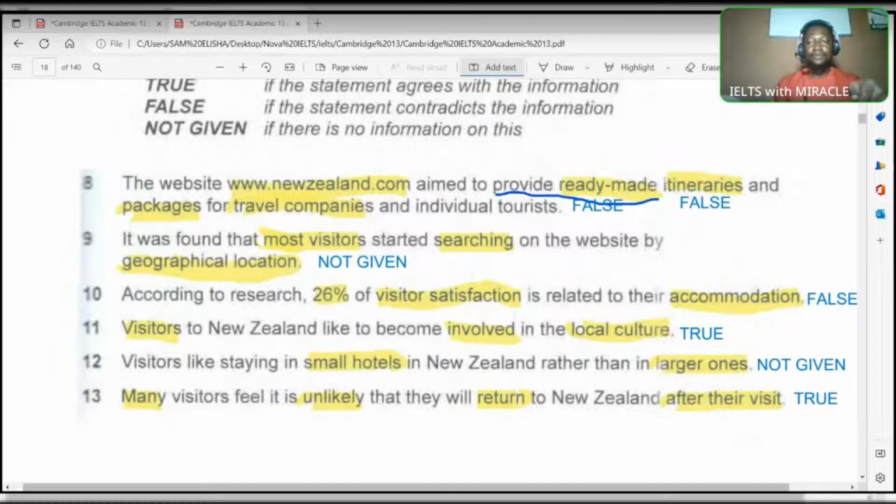It's unlikely that your number 9 will be in the last paragraph. But most likely your 13 might be in the last paragraph. It is unlikely that you will find the number 13 answer in the first paragraph. Do you understand?